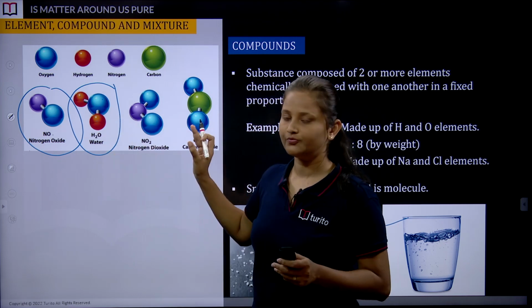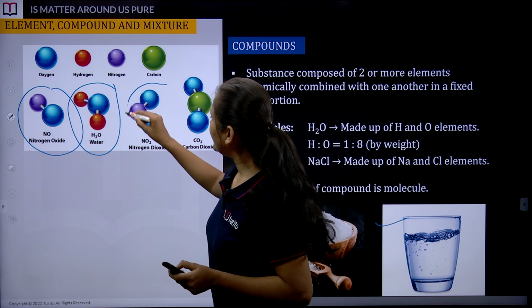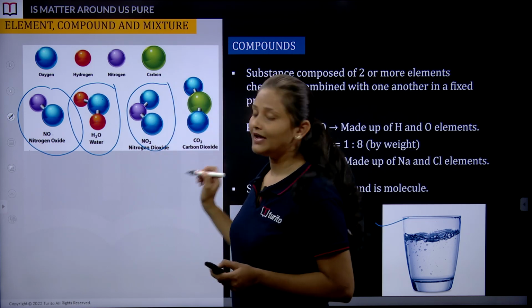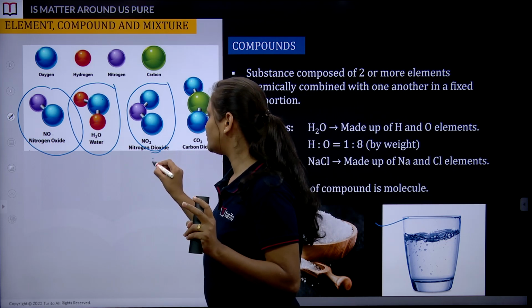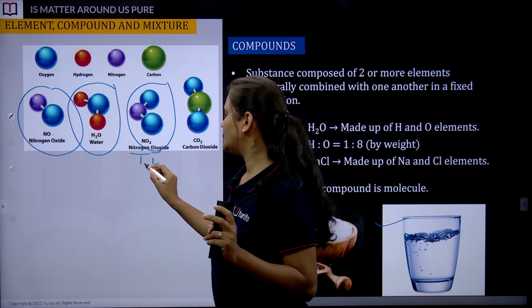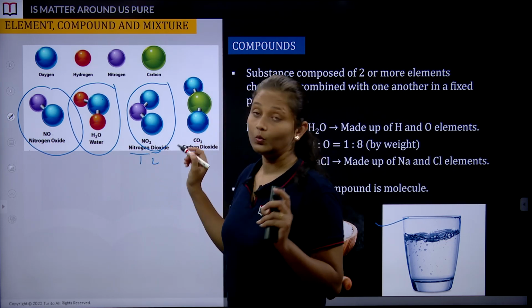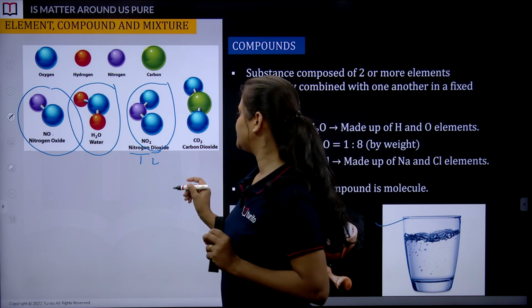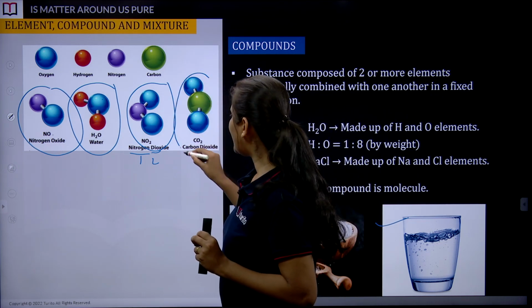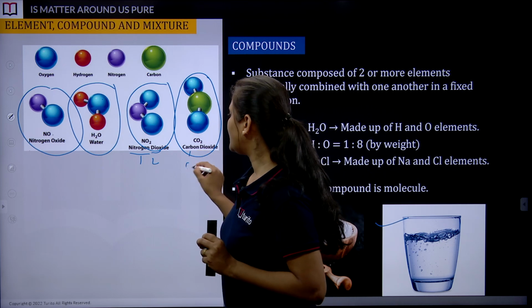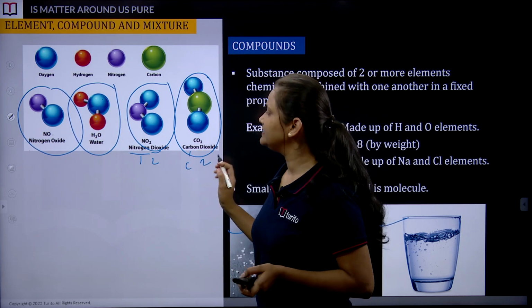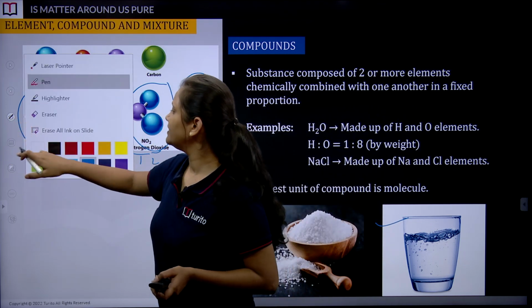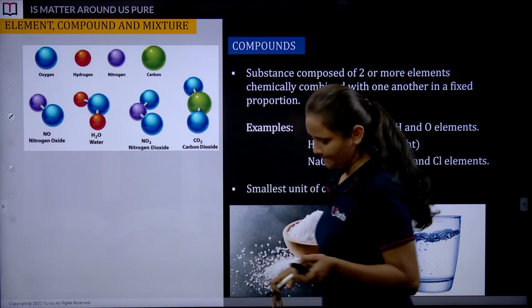Okay, the arrangement. Then we have NO2, nitrogen dioxide. 1 nitrogen, 2 oxygen. That's why di stands for 2. Then we have carbon dioxide, 1 carbon, 2 oxygen. Okay, just have a look at these structural arrangements once again.